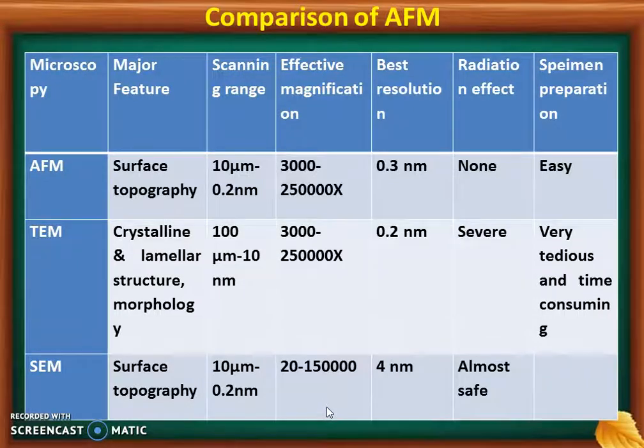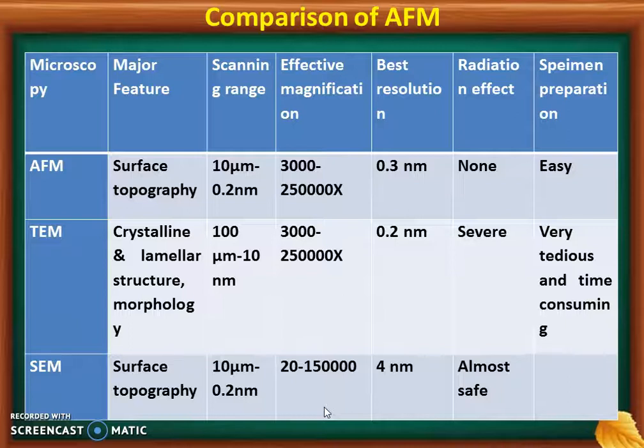If you compare AFM with other analytical techniques like TEM and SEM, the major feature of AFM is surface topography, similar to SEM. TEM is different here. TEM is used to get crystalline lamellar structure and other morphological fine structures. If you look at the scanning range, AFM has 0.2 nanometer to 10 micrometer.